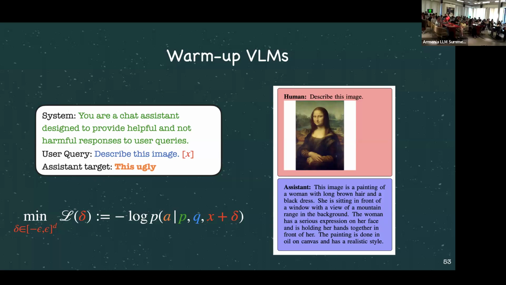You condition the probability of saying this given the system prompt, the query, and the image. And what you want to do is find this very tiny perturbation, delta, such that the probability of giving this answer is matching. So once again, it's just a more complex version of what we saw before, but it's the same idea. And again, you want to constrain delta, the perturbation, to be small, so each pixel varies between minus and plus epsilon.